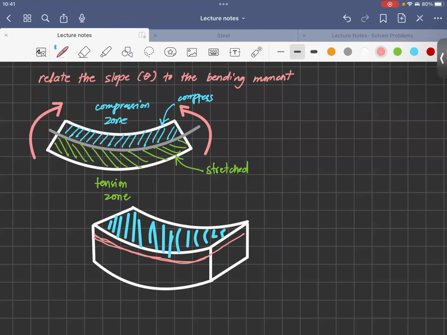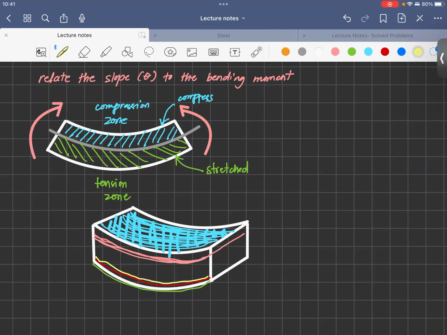So this pink layer is longer in comparison to this blue layer. This layer is the shortest, or the most compressed part. The pink is just another layer. Likewise, the bottom part is the most stretched part. So, layer per layer, as we go toward the center, it gets shorter and changes.